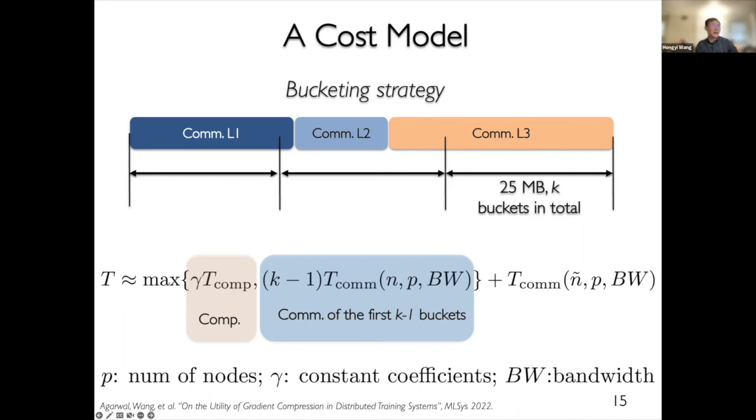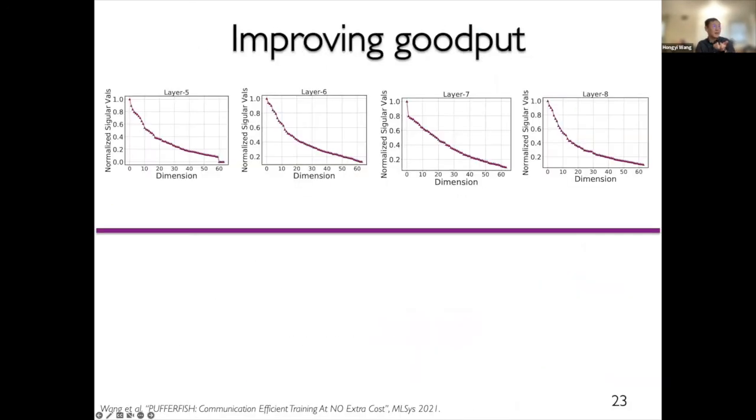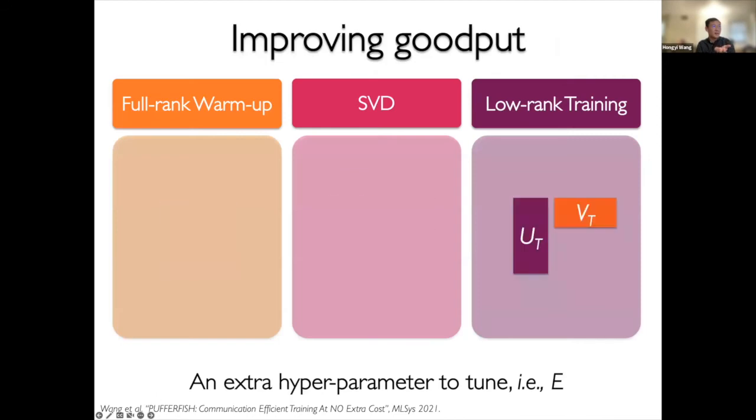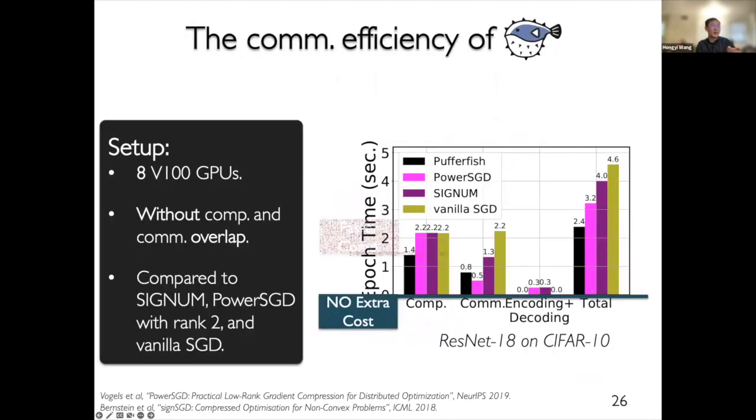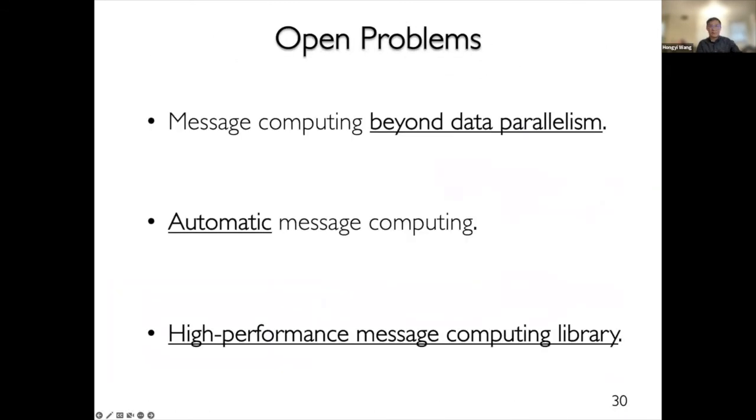That's also related to my open problem here. If we find a way to come up with a high performance implementation in the library, I believe gradient compression can be adopted more widely in industry-level platforms or products. Thank you so much for the great question.